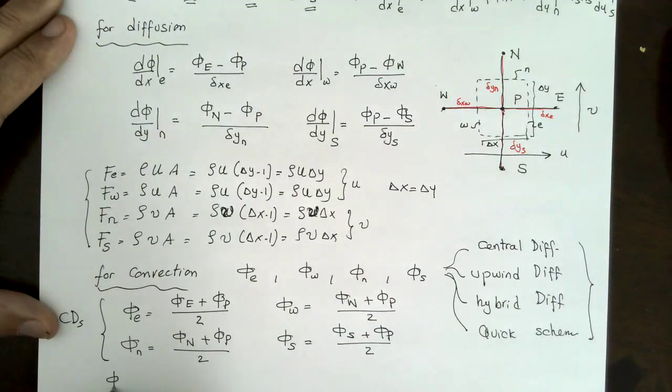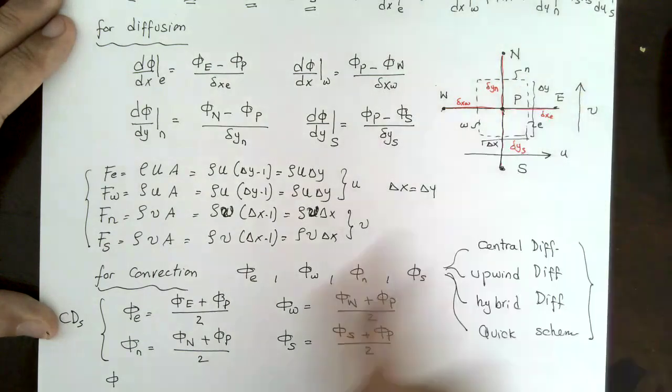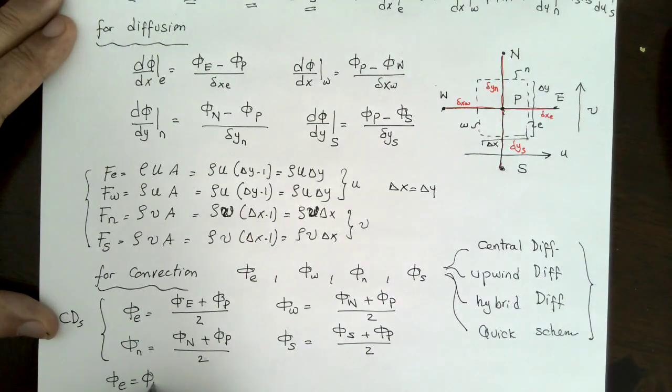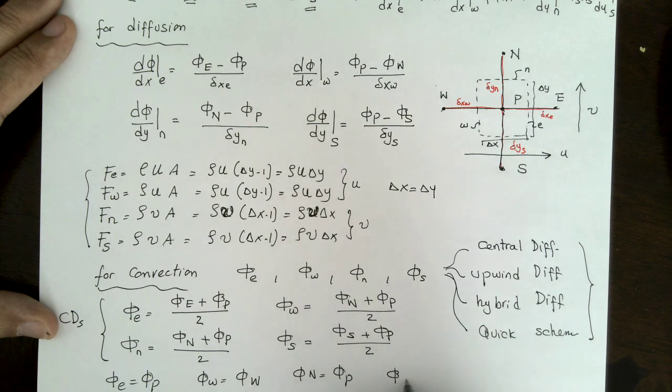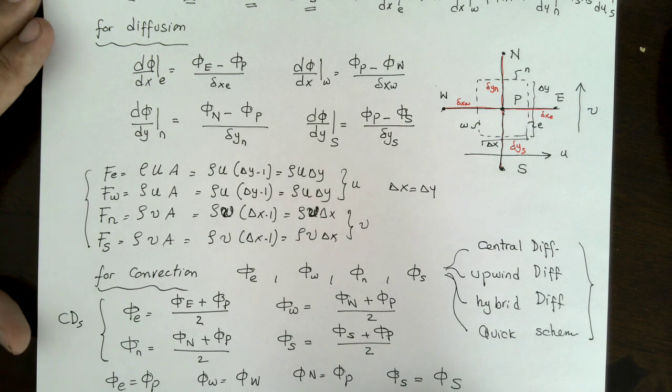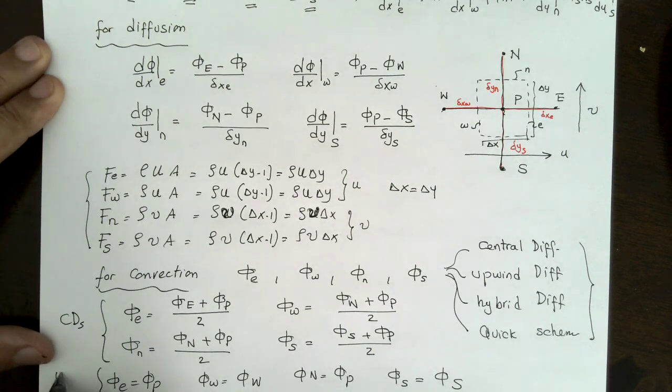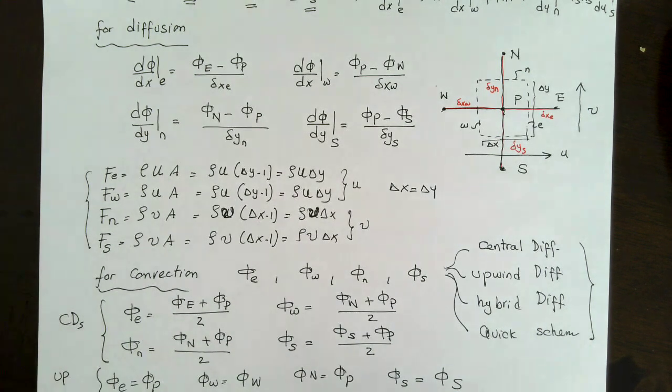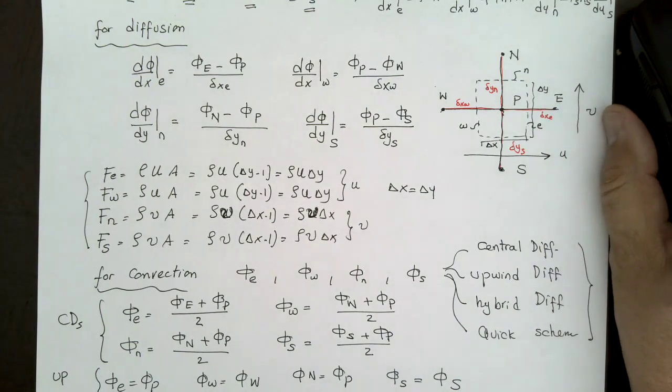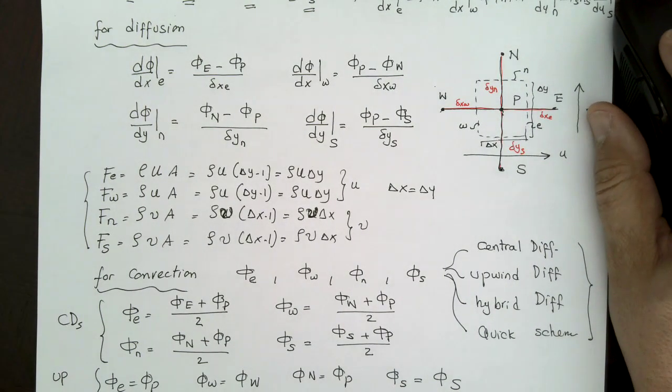So phi east will be phi P, phi west will be phi W, phi north will be phi P, and phi south will be phi S. This is the face and this is the node. So that's how you do that if you are using the upwind differencing scheme. It depends which scheme you are using, and it will give you the value that you're looking for.